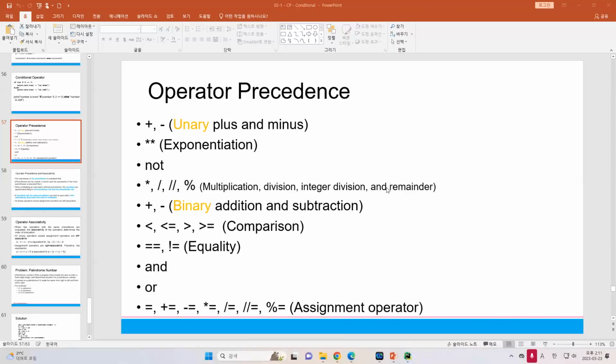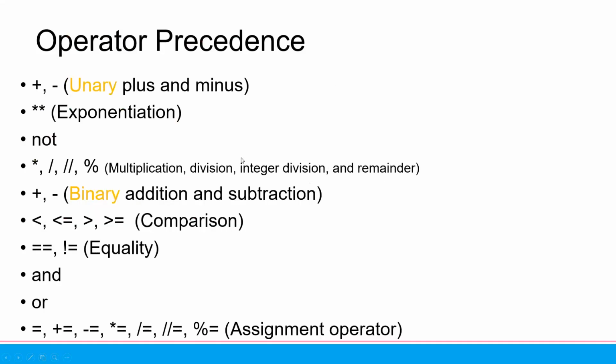So I will continue the lesson. Last time I finished until this part. If you still remember the operator precedence, it means you need to know what is the first and then what is the next, and so on.